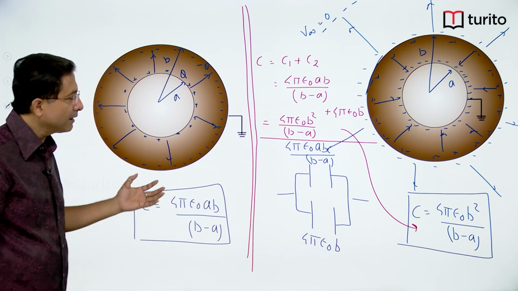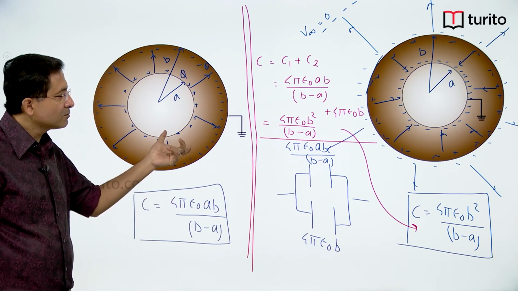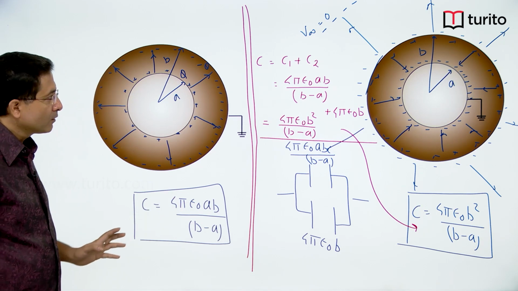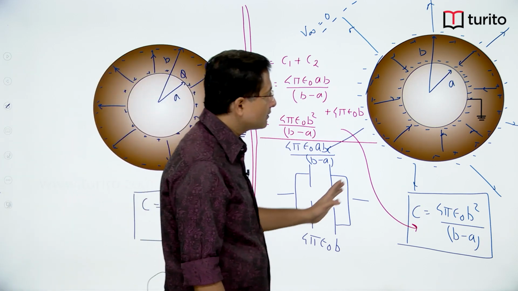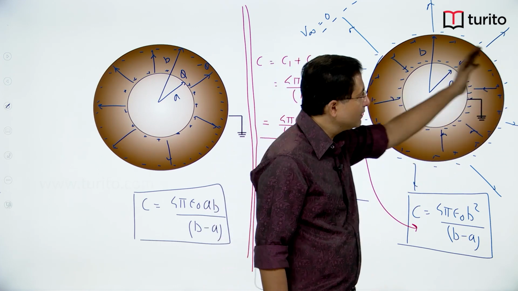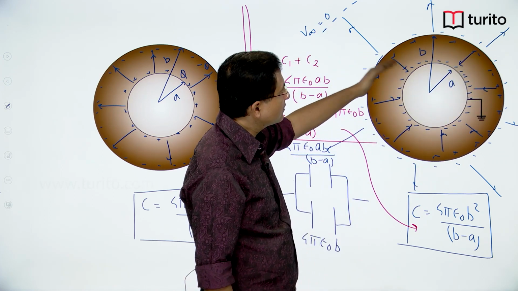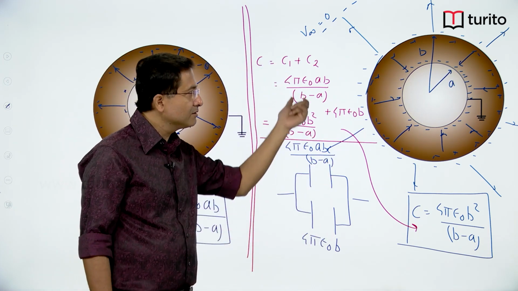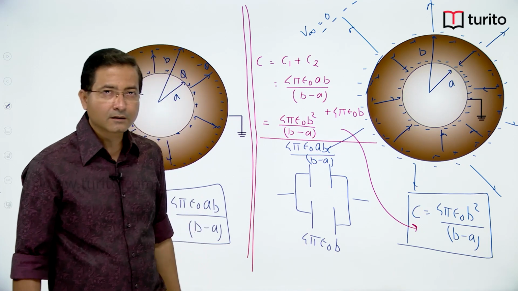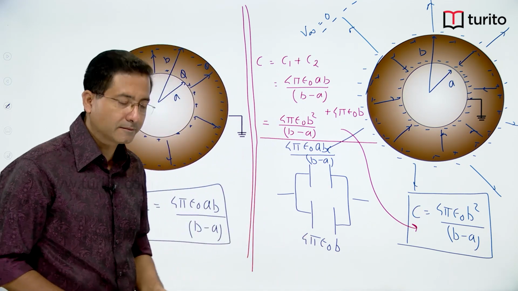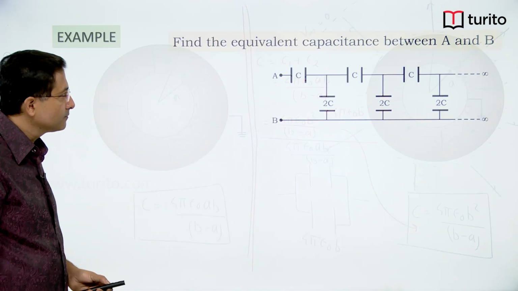But here by logic we are saying this space is behaving as a capacitor, this 4 pi epsilon naught AB divided by B minus A. While if the inner one is earthed, then the outer surface, as it will be having charge, that will also behave as a capacitor. So, this is one capacitor, this is another capacitor, I can see these two are connected in parallel, I can directly write C1 plus C2 and get the result. So, I hope this whole concept is clear. Let us move to the next one.